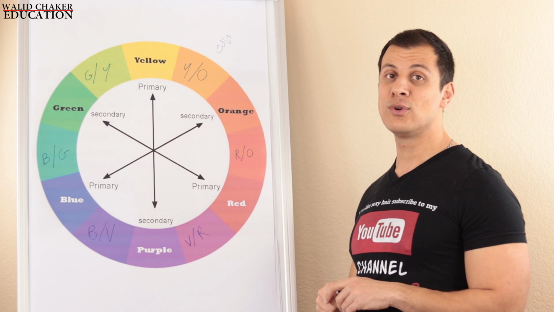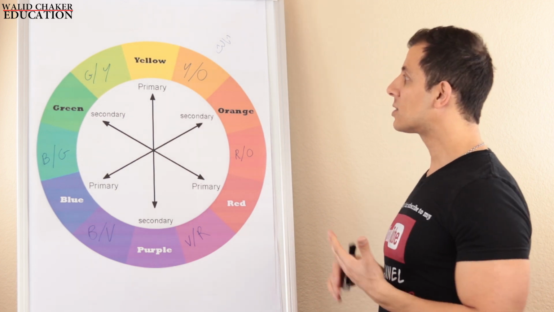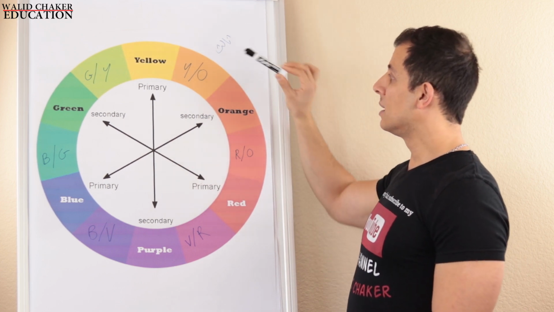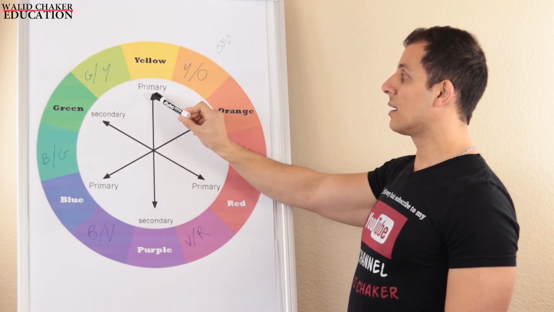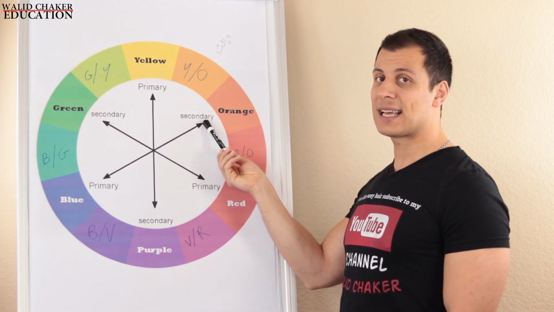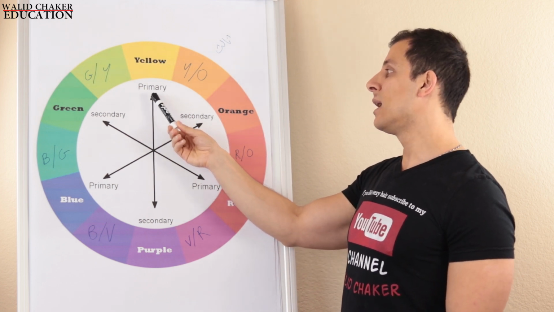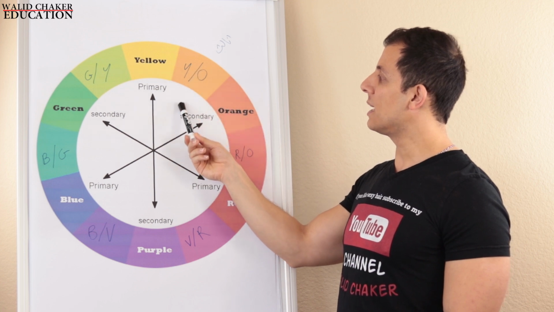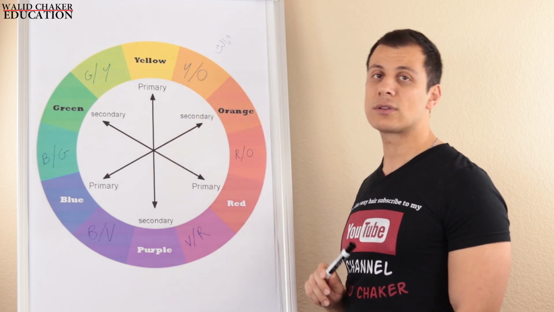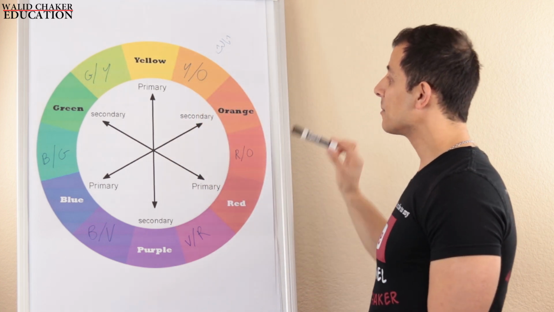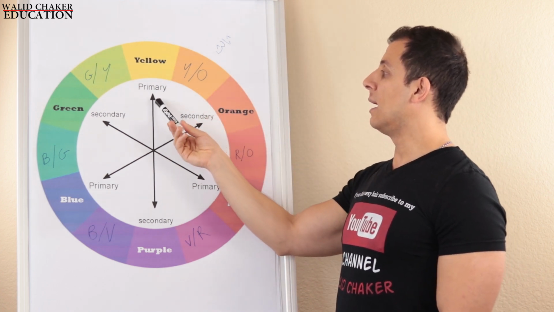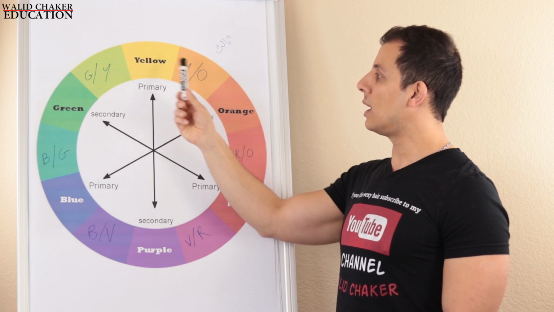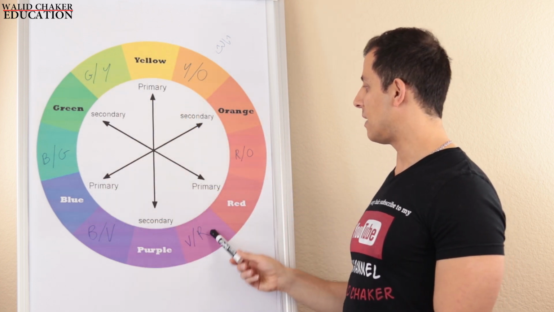Let's go now to tertiary colors. What are the tertiary colors? The tertiary colors are a mix between a primary color and a secondary color. If I mix a primary color with a secondary color, it's going to give me the color in between. It's called a tertiary color. Okay, so how many tertiary colors can I get? I can get 6: 1, 2, 3, 4, 5, 6.